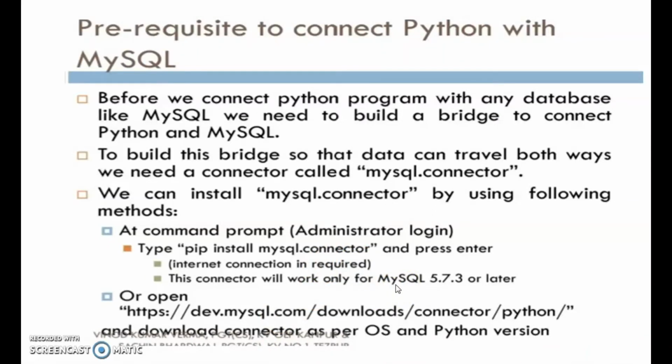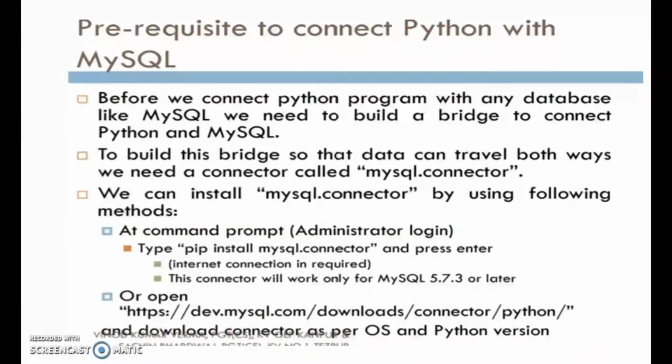Okay, then to make this work, you have to connect your system to the internet. Then only this will work. Okay, and it will work only for MySQL 5.7.3 or later versions. Then the next method is you can type https://dev.mysql.com/downloads/connector/python.